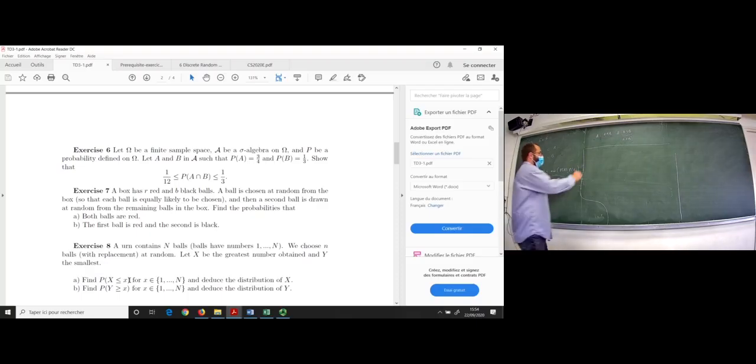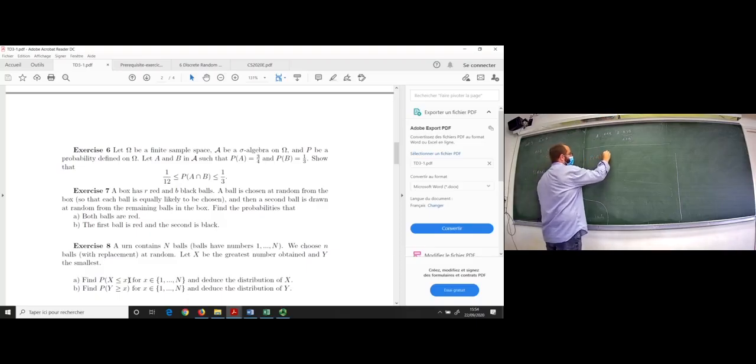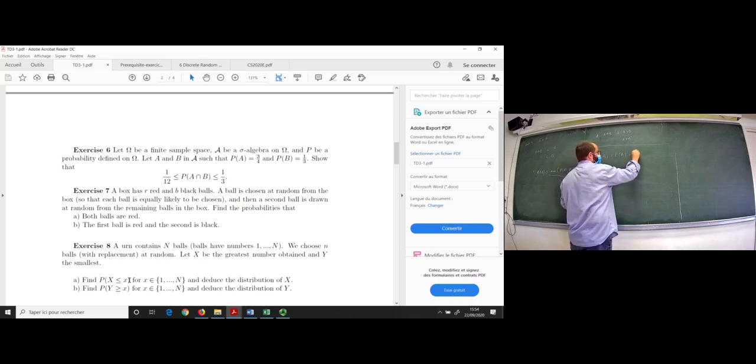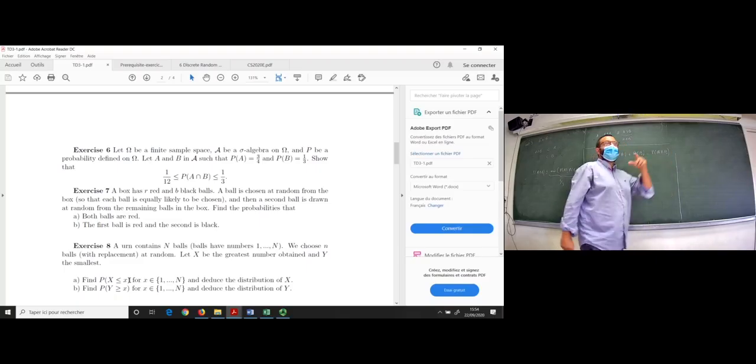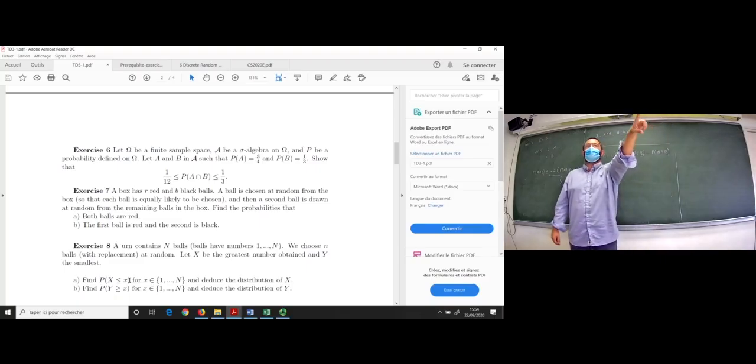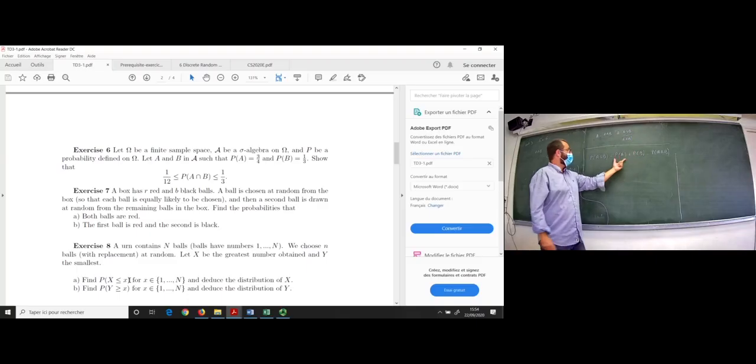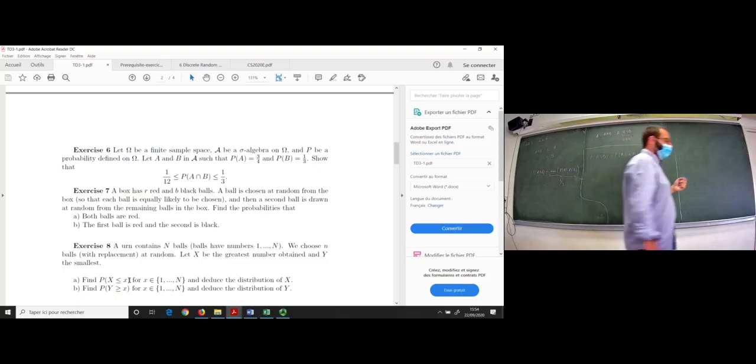It is the fact that P of A union B is equal to P of A plus P of B minus P of the intersection. Of course my idea is not that far away from yours, because if you remember, in order to prove this one, I use this. So it's just two equivalent ways to do the same thing.